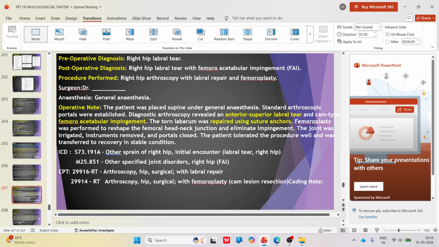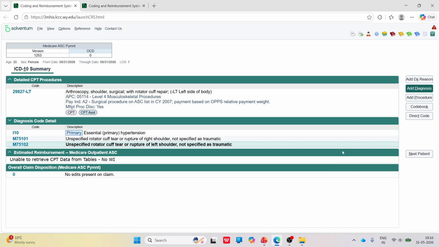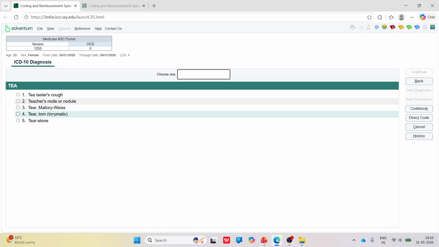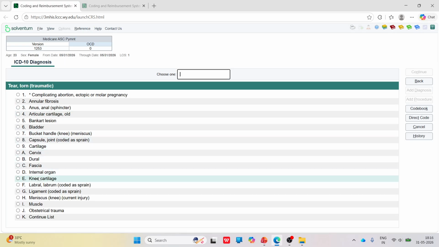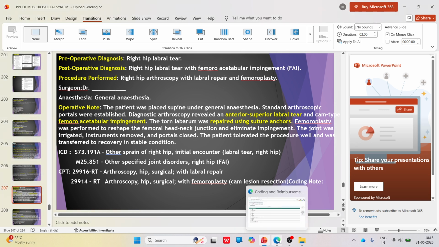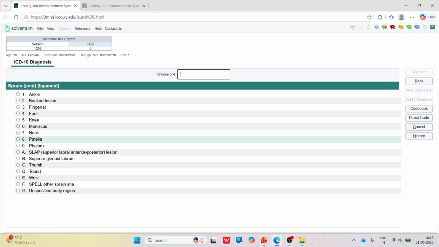Okay, so we'll see the navigation of this one. First, the labral tear.